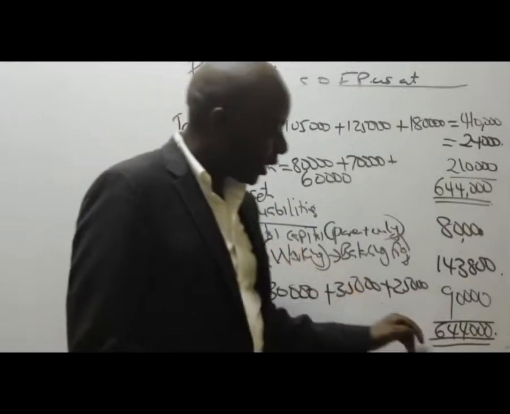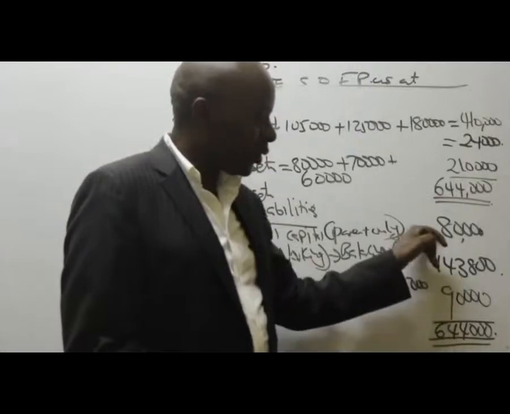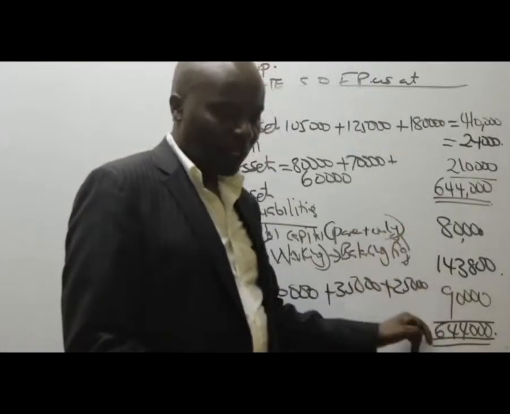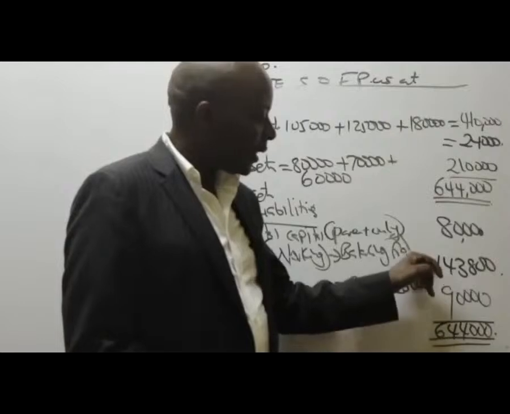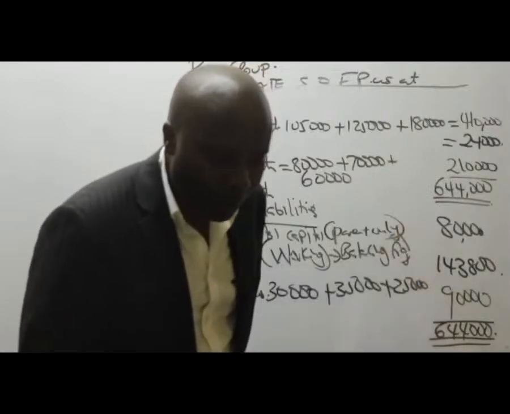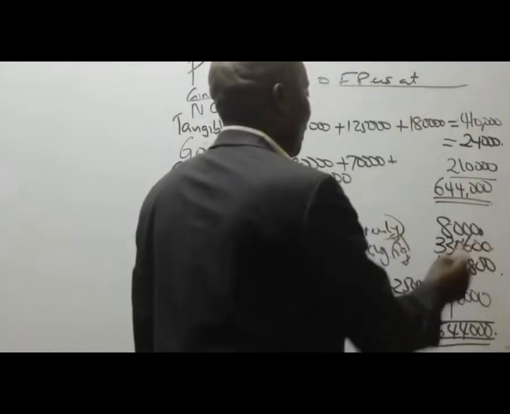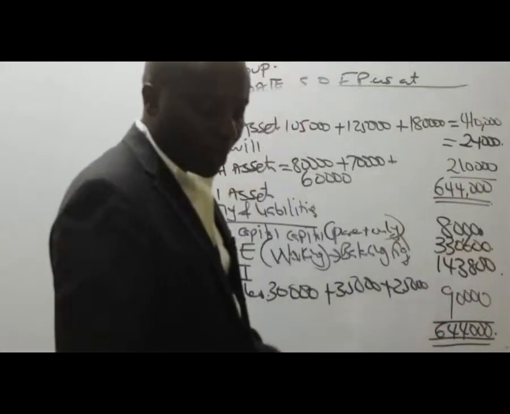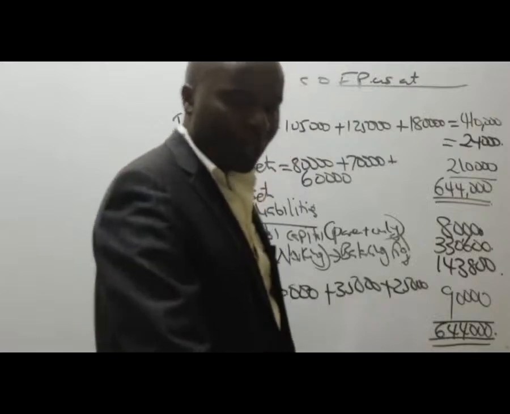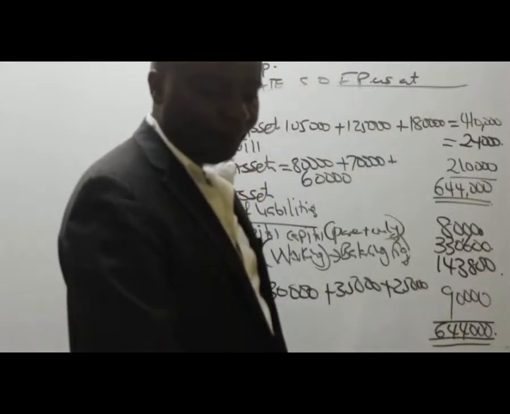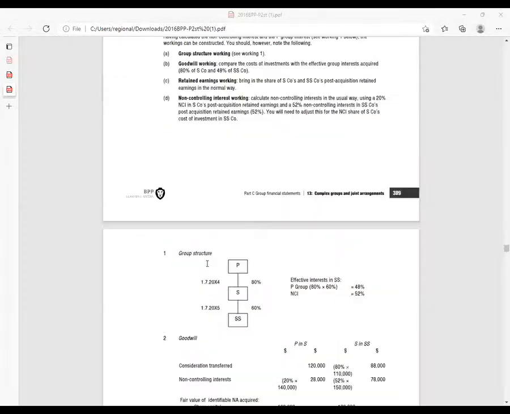Retained earnings will be 644,000 minus this, minus this, minus this. That gives you 330,600.